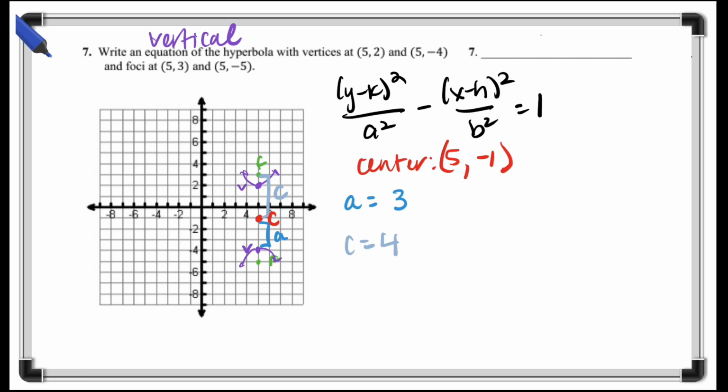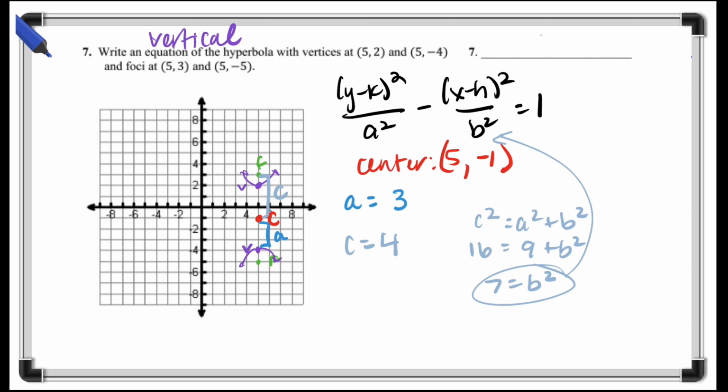So we can use our formula here. You have c squared is equal to a squared plus b squared. So you have 16 is equal to 9 plus b squared, and then you get 7 is b squared. Again, you don't have to figure out what b is because we're just going to put b squared right into that formula.